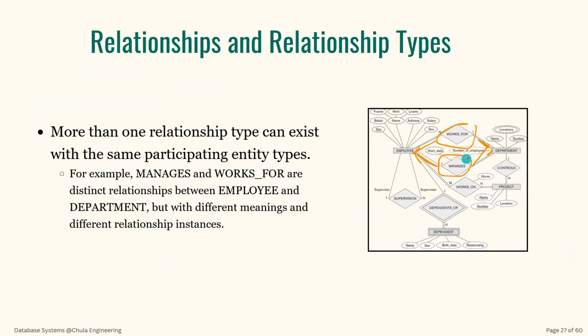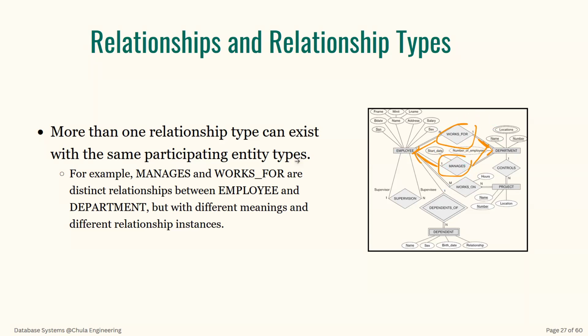Okay, so now I'm going into more detail here: for the same pair, employee and department, there may be more than one relationship. So you will see that for employee and department, you have two types of relationship. One is called works for, and one is called manages, right? So it's more than one relationship type.